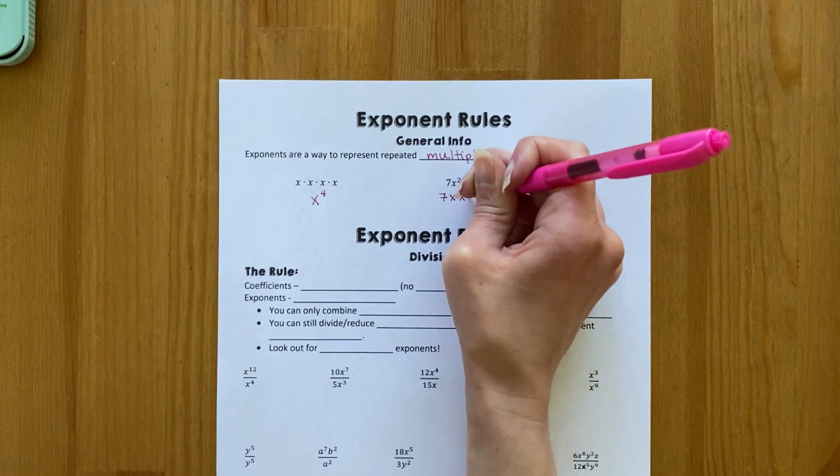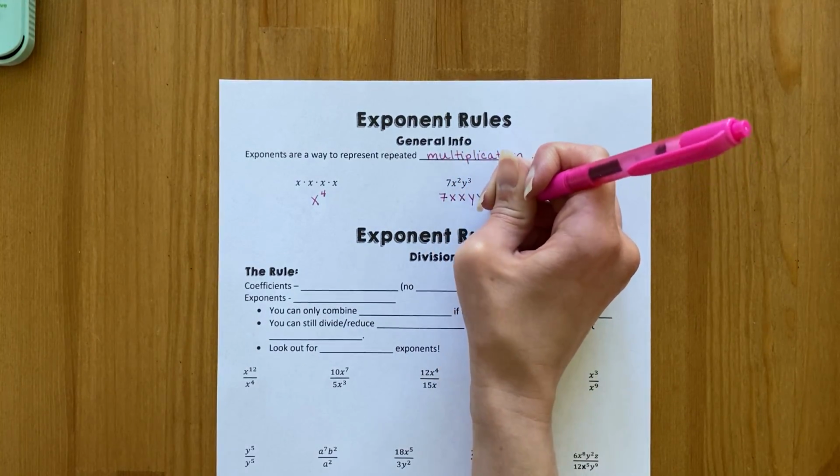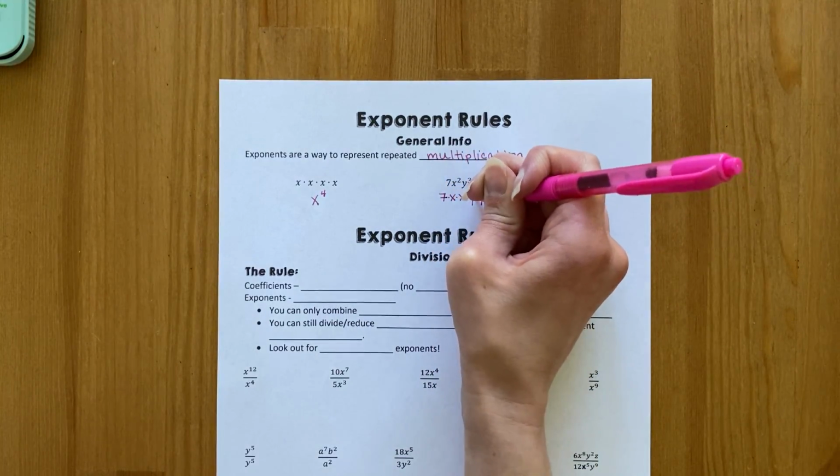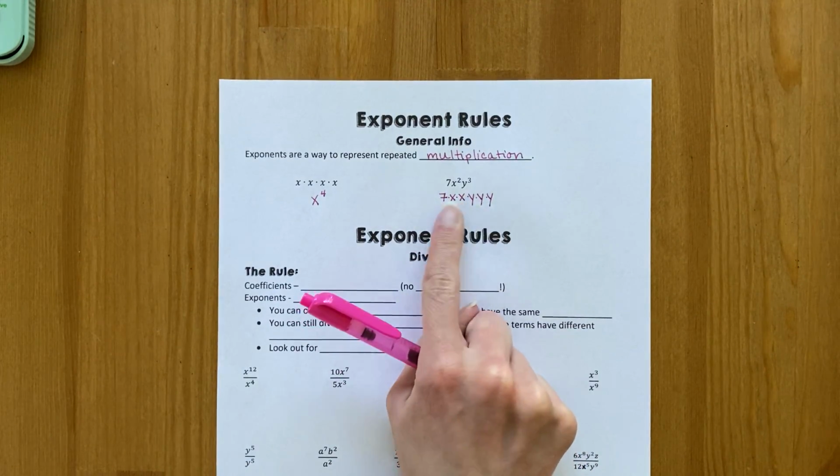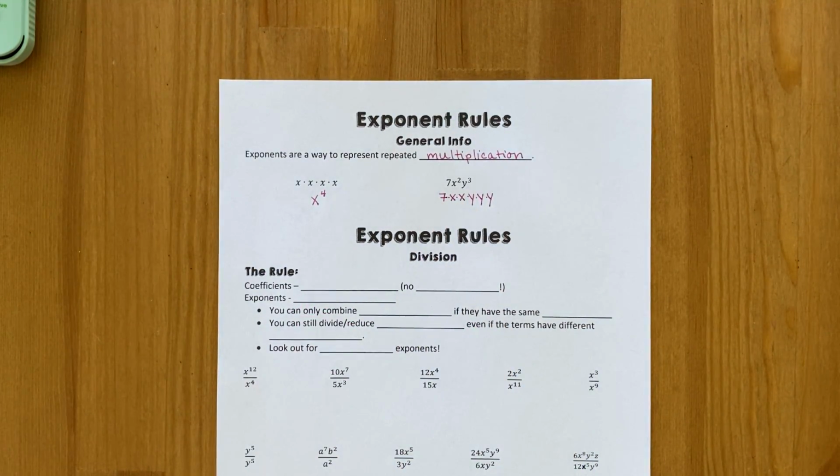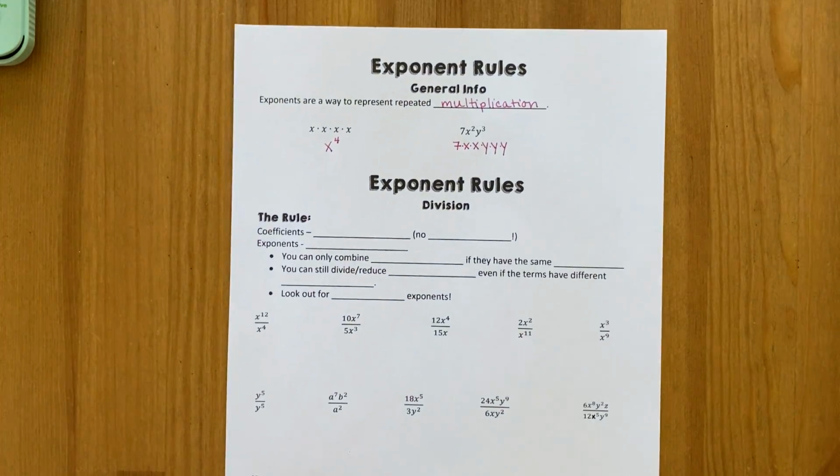So the exponent tells you how many times that thing is being multiplied by itself. We're going to use this strategy to help us reduce things with exponents here in the next section, kind of like we did with the multiplication rule, but this way we'll be doing division. So we'll see the same kind of things.